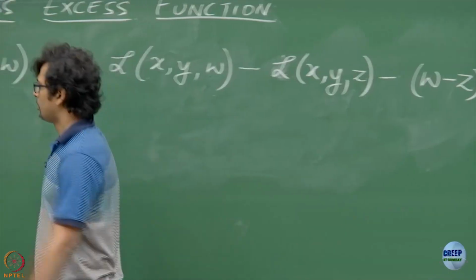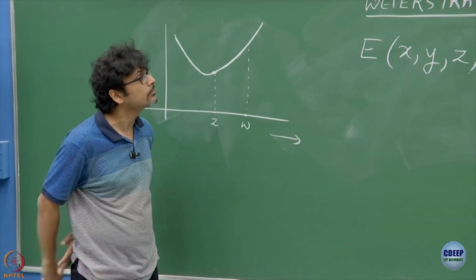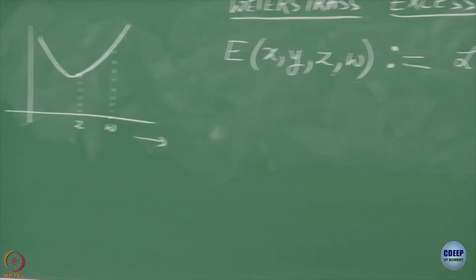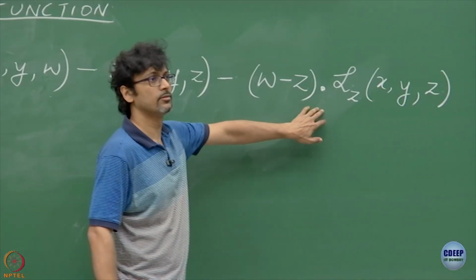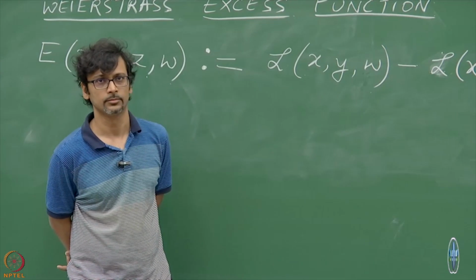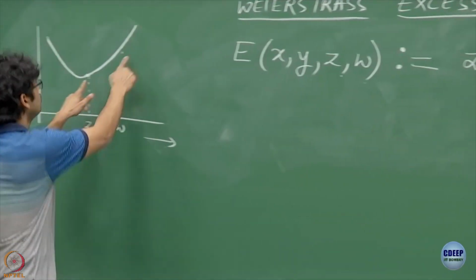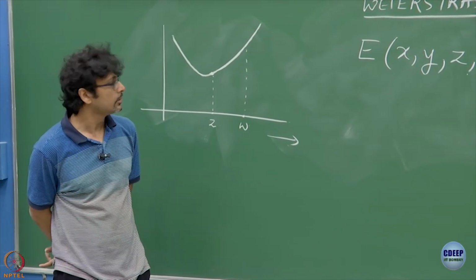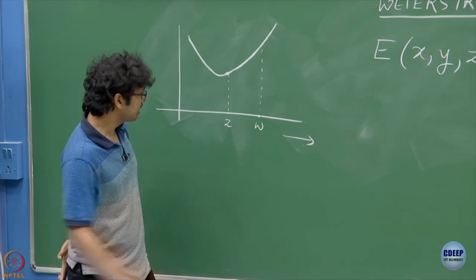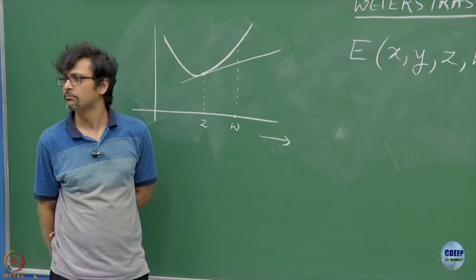So what happens then? What is this curve? If you fixed W and Z as these two points, then how would you sketch it? Is that not the tangent here?